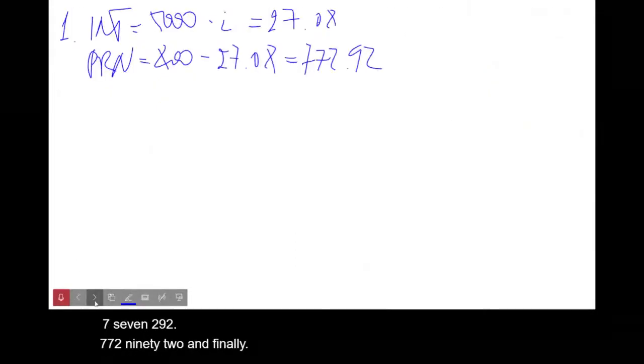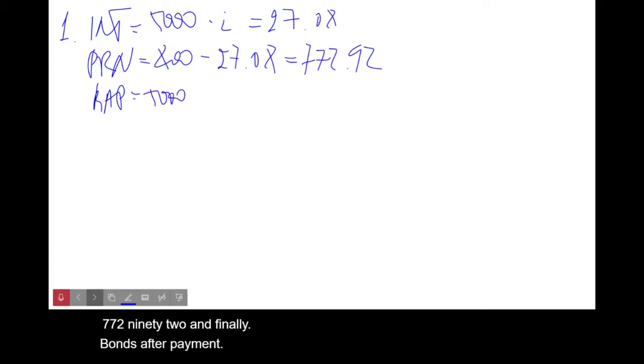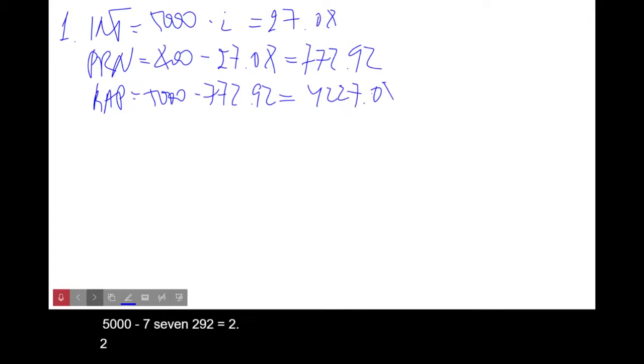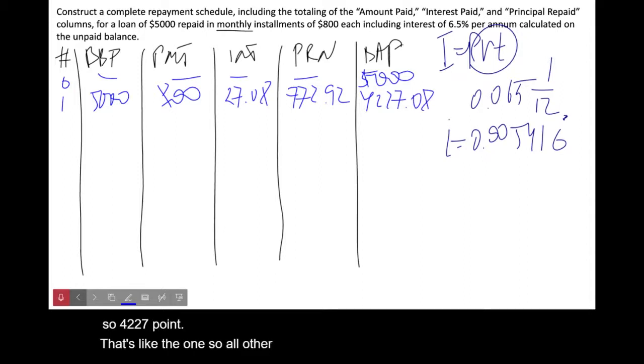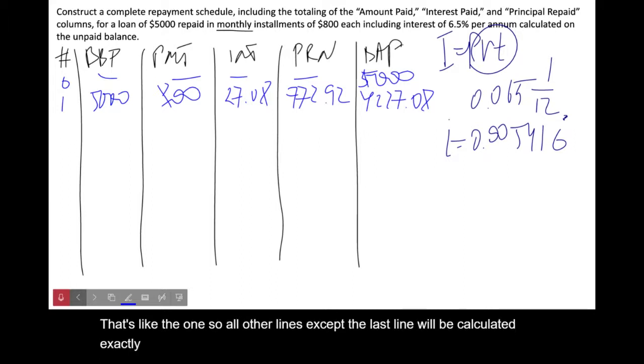Finally, balance after payment is 5,000 minus 772.92 equals 4,227.08. That's line 1.